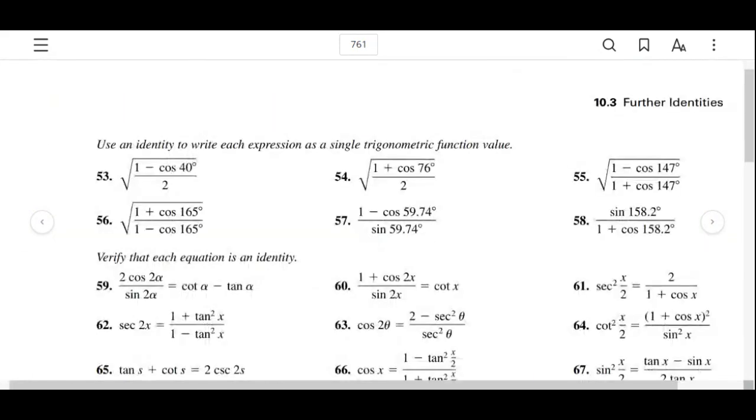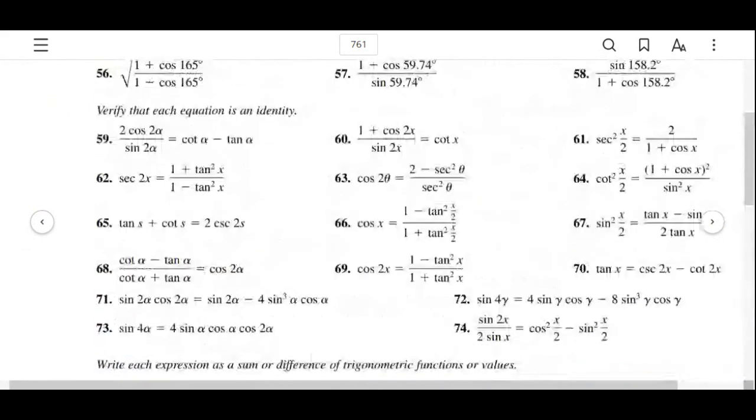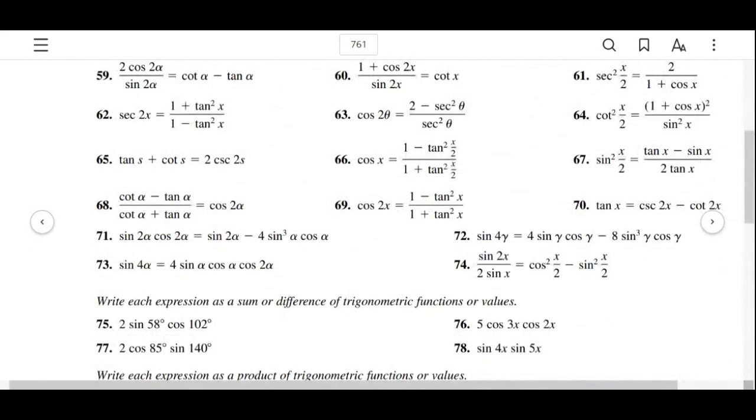We can do one of these next. Awesome, yeah, that looks great. Yeah, we can do this one right here. All right, I want you to do one more of the identity, and then we'll do the word problem. So write down in the chat which one you're going to do.